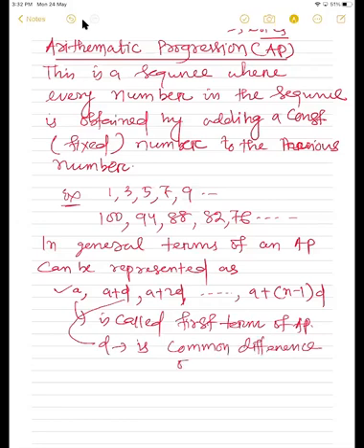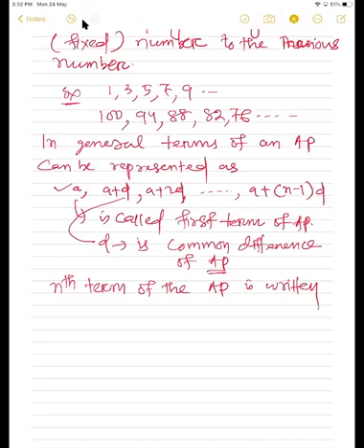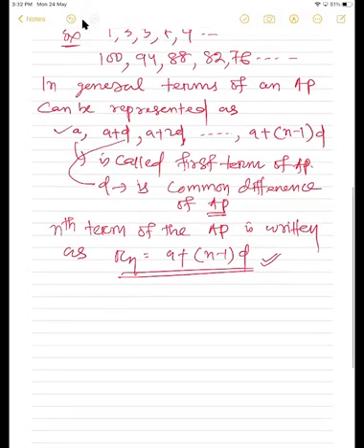Okay. And the nth term of the AP is written as Tn, which is equal to a plus n minus 1 times d, correct?